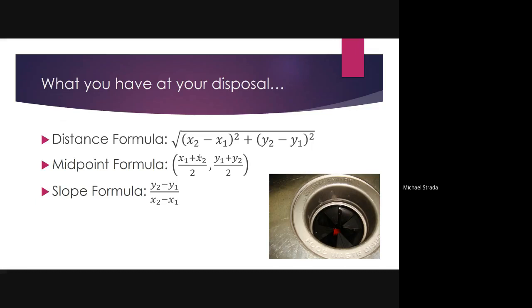And when we square opposite numbers, the result's the same. 4 minus 7 is negative 3. 3 squared is 9. 4 minus 0 is 4. 4 squared is 16. 9 plus 16 is 25. Square root of 25 is 5. So that side length is also 5.